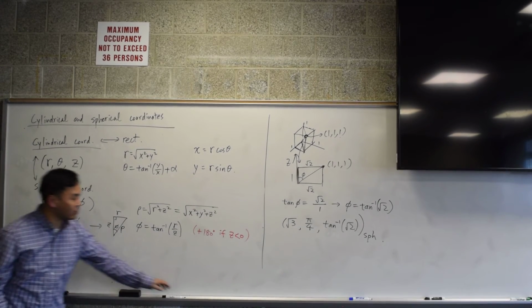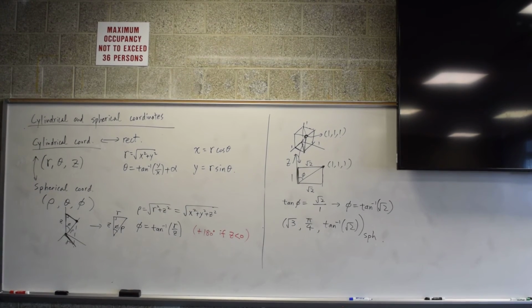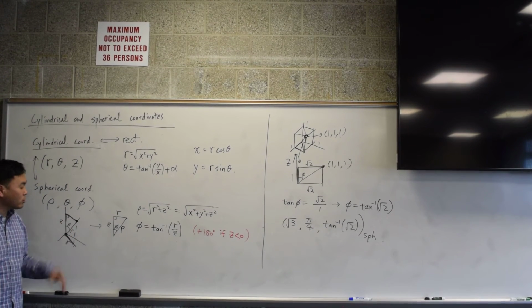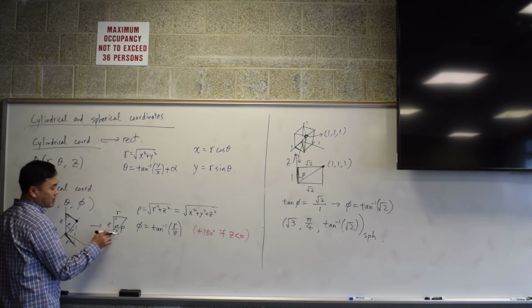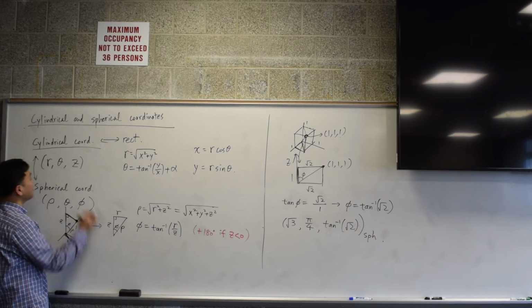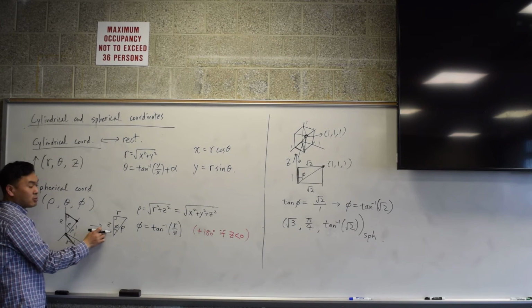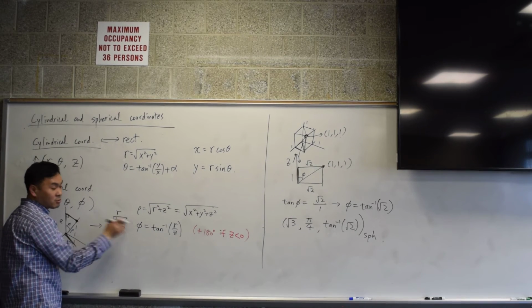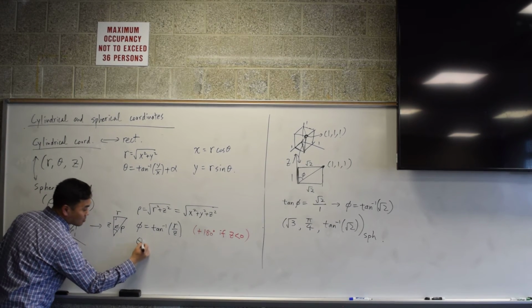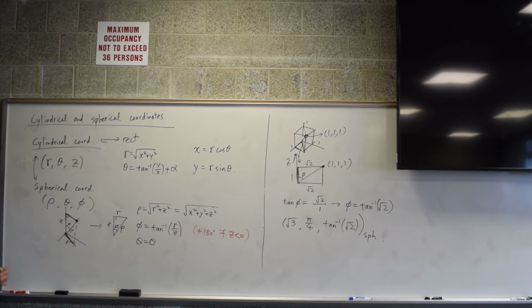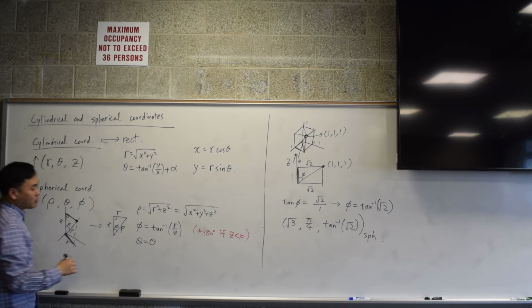Okay, so that way you can find out what phi is. Now, how do you go the opposite? These formulas tell you how to get rho and phi if you're given r and z. R and z belong to cylindrical. So if you have cylindrical coordinates, you get the spherical by using these formulas. Theta is the same as theta, so there's nothing there.